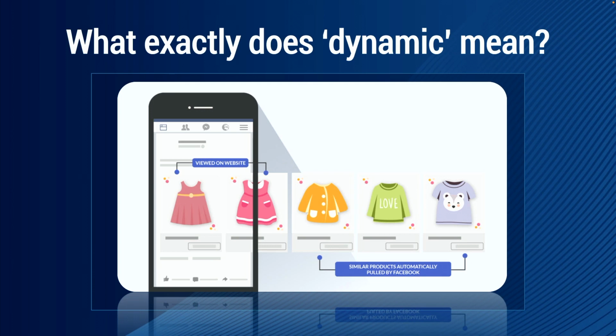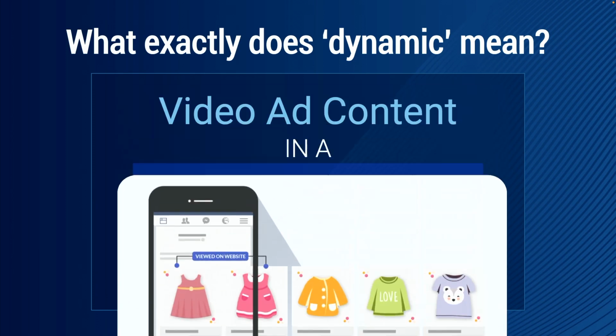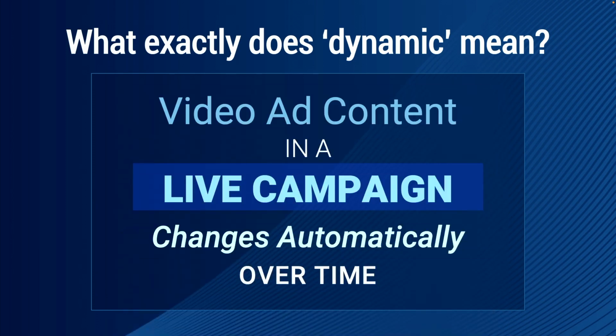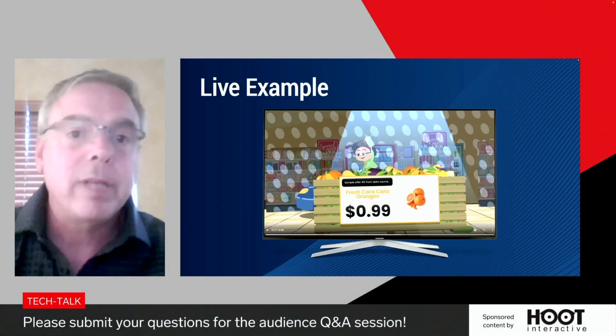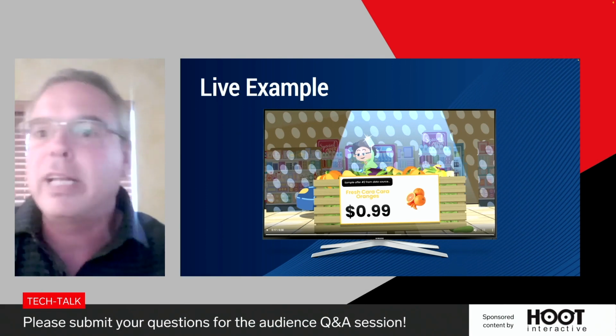It's a dynamic ad. It was updated automatically over time in a live campaign as the ad was being served. So for the dynamic video ads we're going to be talking about today, we want to be seeing that exact same type of behavior.